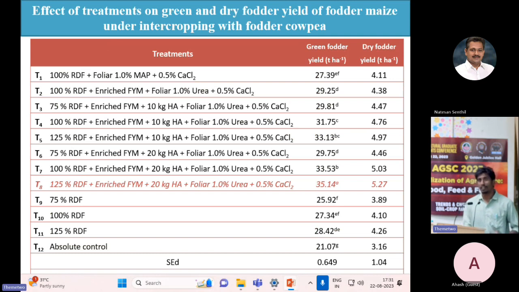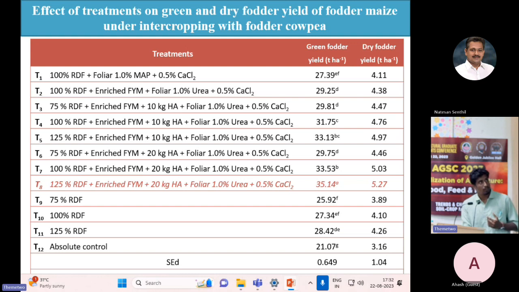The effect of humic acid and foliar treatment of urea and calcium chloride on green fodder yield and dry fodder yield of fodder maize under intercropping is shown here. Treatment T8, that is 125% of recommended dose of fertilizers along with the recommended dose of enriched FYM with 20 kg of humic acid per hectare, with foliar application of 1% urea and 0.5% calcium chloride, produces maximum green fodder yield and also dry fodder yield.